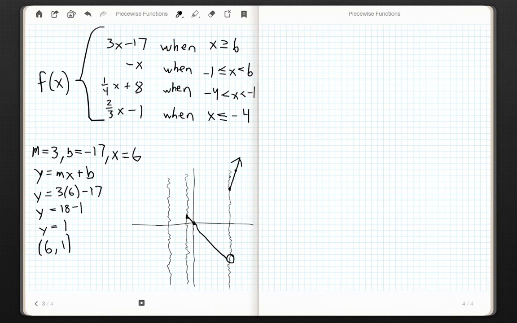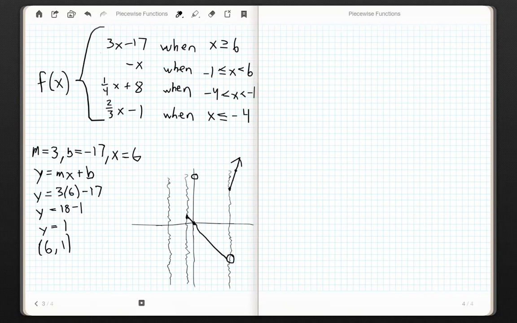This one here, 1/4 x plus 8, we have a y-intercept of 8. Actually, let's use an open circle there, because the included area for this is between where x is negative 4 and where x is negative 1. And now we have a 1/4 slope, so we're going to be going a little backwards here. Instead of going that way, we're going to go this way. So we can go down 1, left 4.